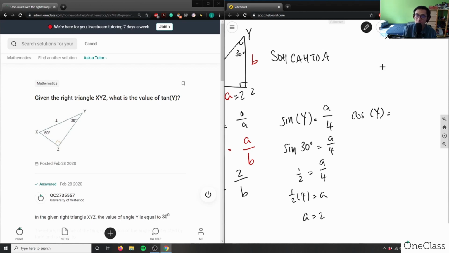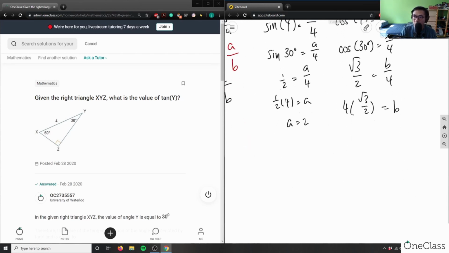Cos of Y here is cos 30 degrees, which I believe is root 3 over 2. So root 3 over 2 equals B over 4. I can multiply both sides by 4 to get 4 times root 3 over 2 equals B, and this simplifies, so B equals 2 root 3.